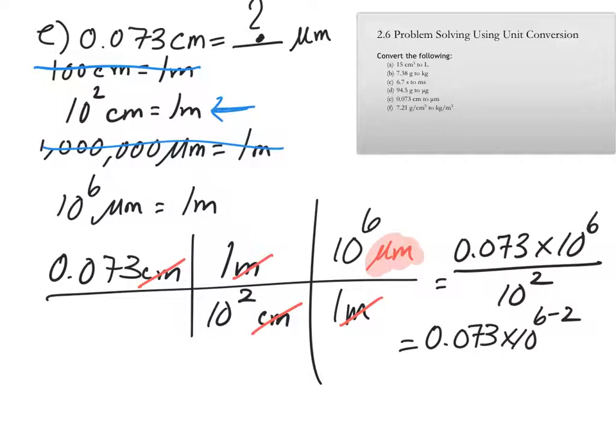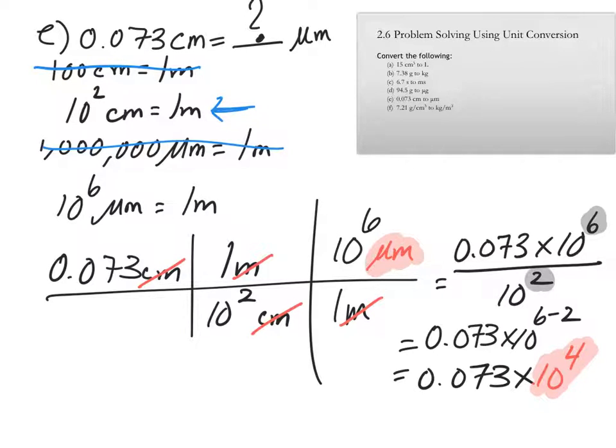Those exponents, since you have a fraction there, they subtract, 6 minus the 2. And so this becomes 0.073 times 10 to the 4th. And that is the conversion factor, the 10 to the 4th, that goes from centi to micro.